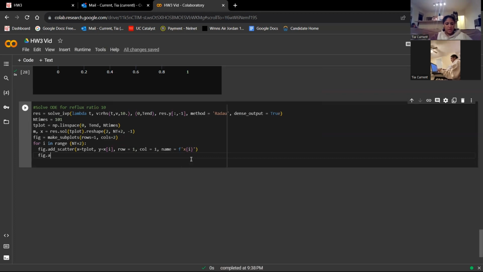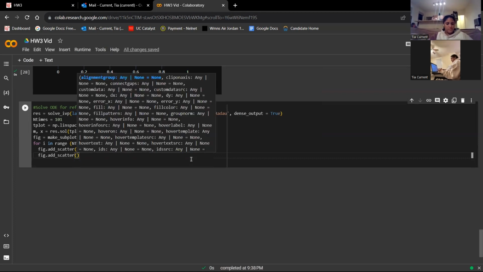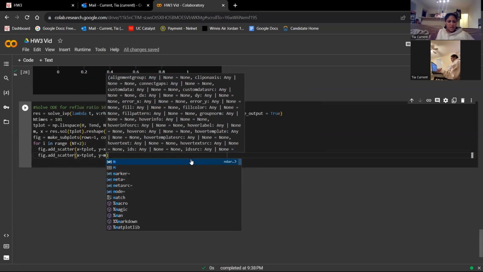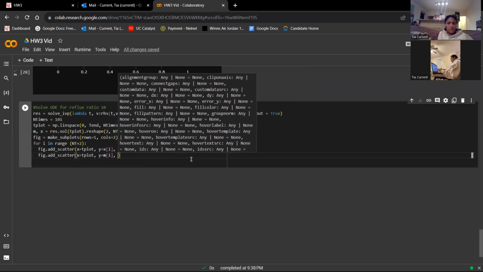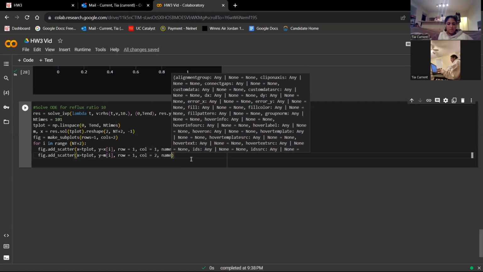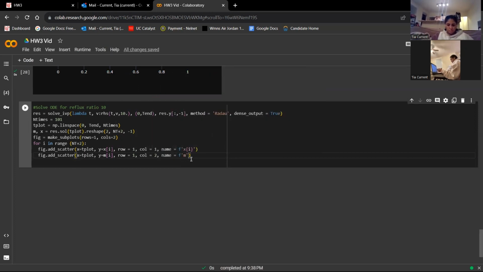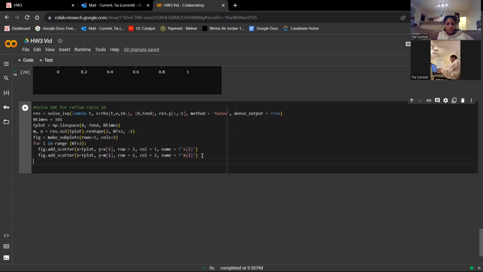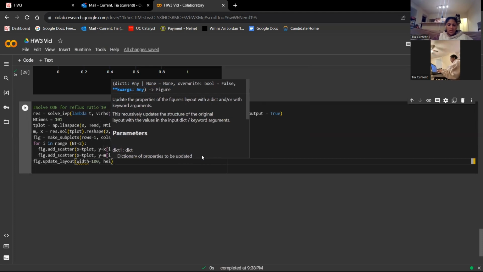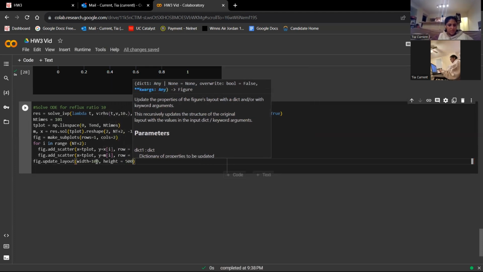Enter, think about that. Okay. Column equals 2. f-string M bracket i. For layout, height equals 500, oops, that should be 1,000.